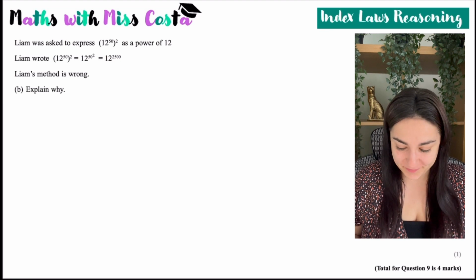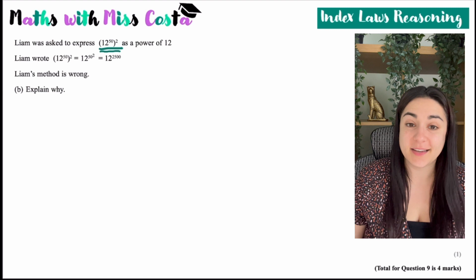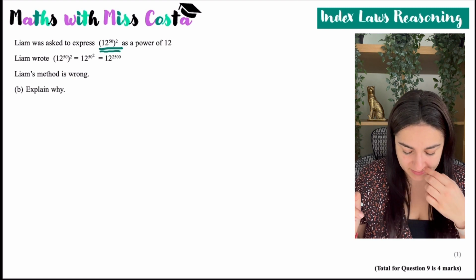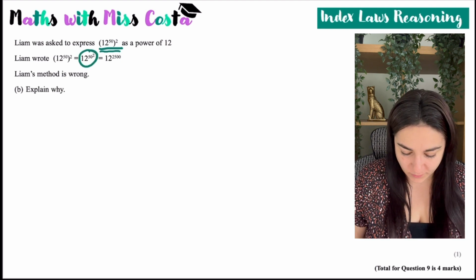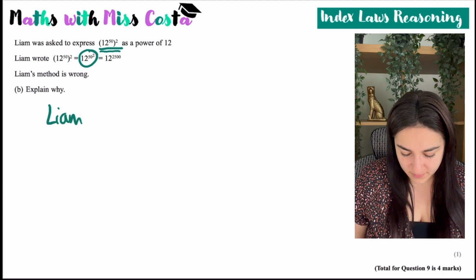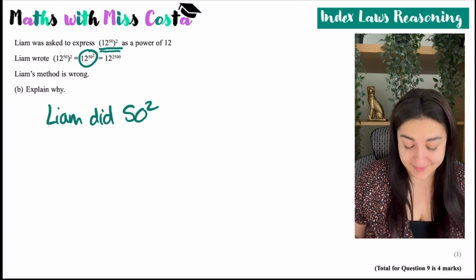Okay, so over here, I'm told that Liam was asked to express 12 to the power of 50, all to the power of 2, as a power of 12. Liam wrote 12 to the power of 50 times 2 equals 12 to the power of 50 squared. Okay, so what did he do wrong? Well, Liam did 50 squared. Don't know why he did that.